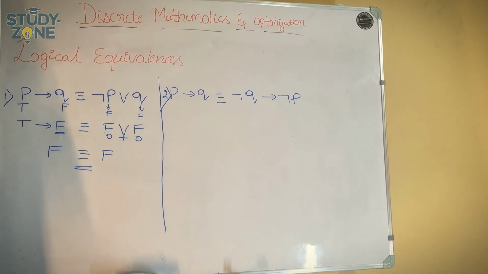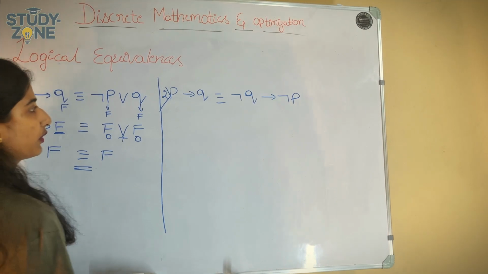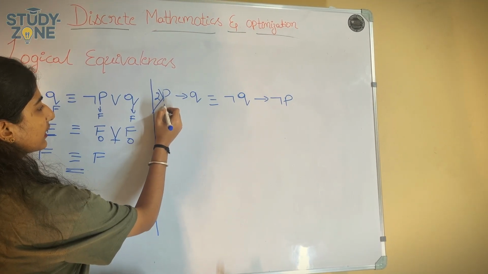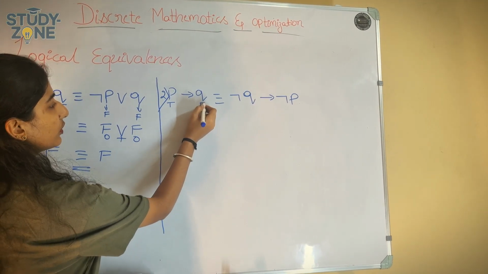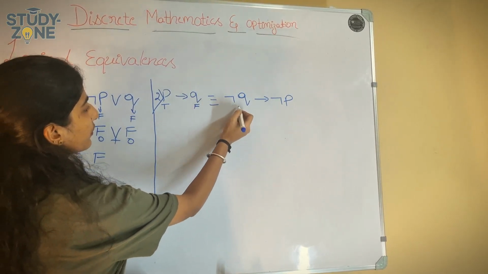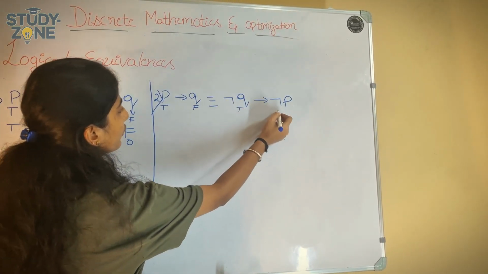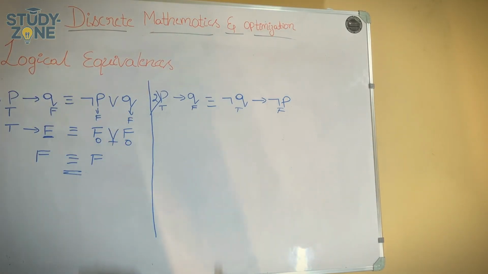So let us go through the second exercise problem. Take the same as the before example, true, false. So negation of false is true and negation of true is false.